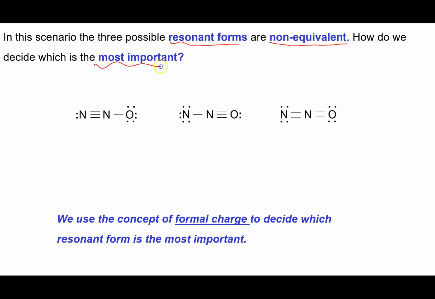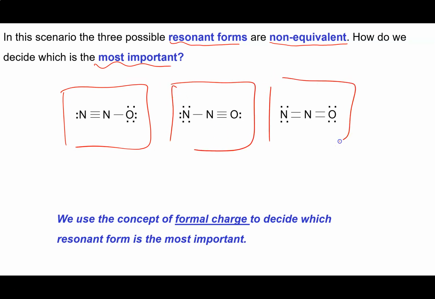So how do we decide what is the most important? This is where the concept of formal charge arises. We're going to use formal charge to decide which resonant form is the most important when we have multiple non-equivalent but correct Lewis structures.